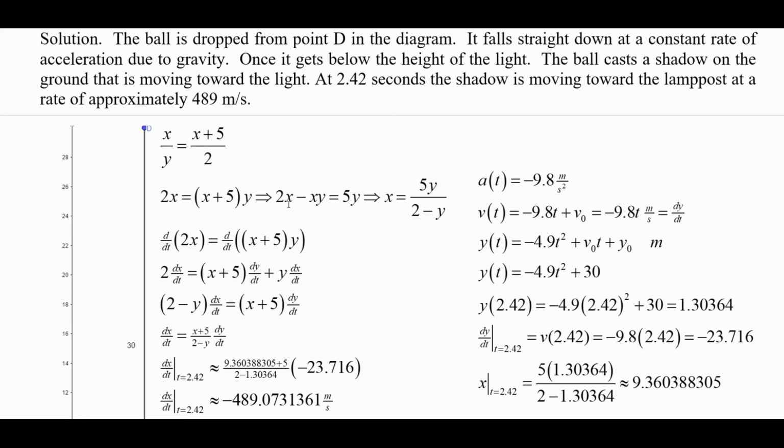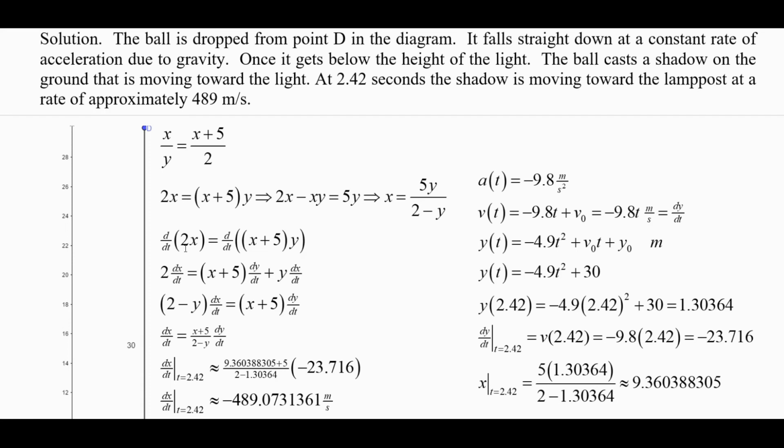Made this xy plus 5y. And then I subtracted xy from both sides. Factored the x out and got (2 minus y) times x equals 5y divided by (2 minus y). I got x as a function of y here. So I got x in terms of y.